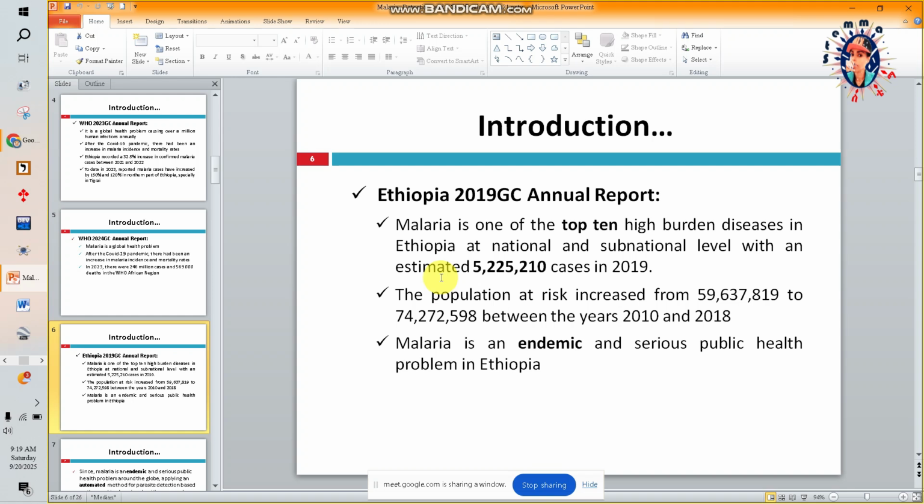The population at risk increased from around 60 million to 75 million between 2010 and 2018. Therefore, we can say that malaria is an endemic and serious public health problem in Ethiopia.